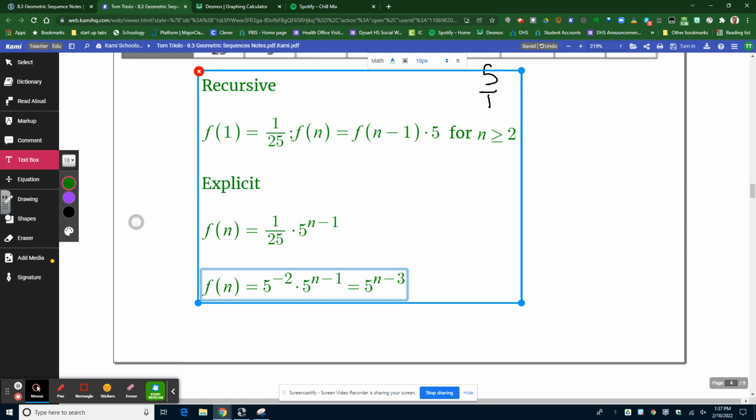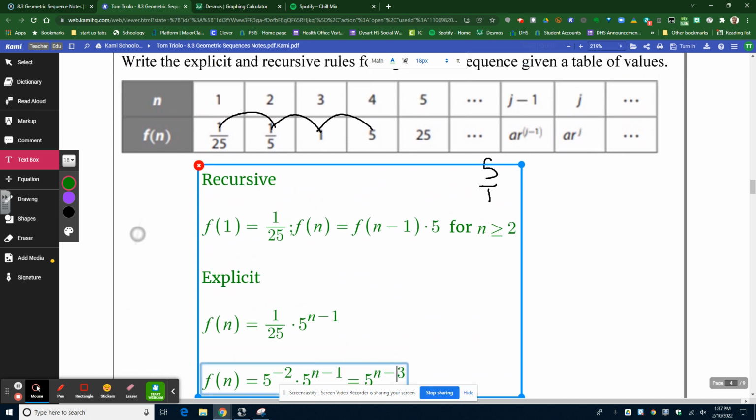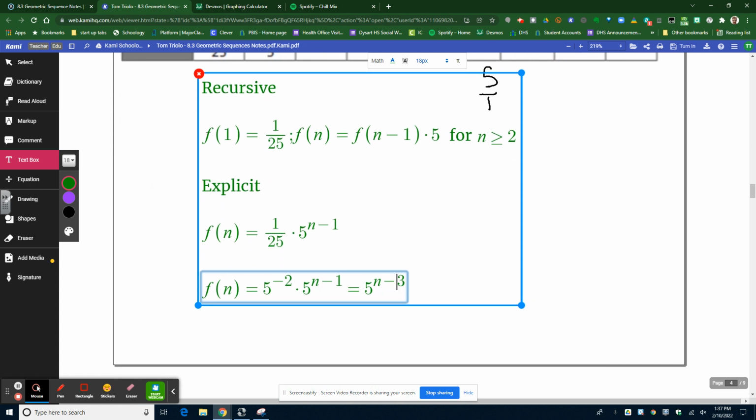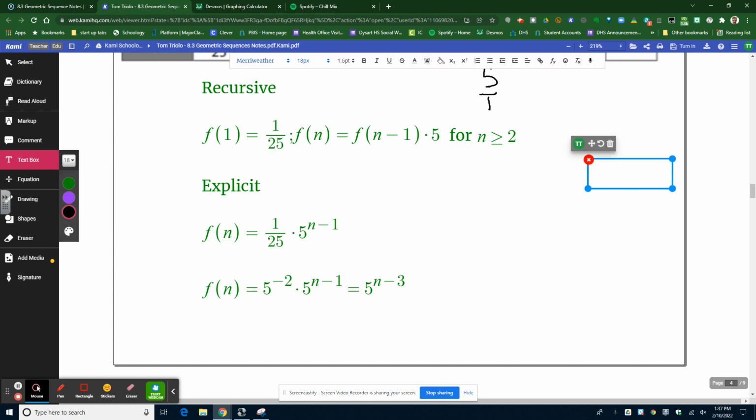And then we should check to make sure this works. We didn't do it in the last one, but let's just check. Okay, so let's put in 5 here. So if we put a 5 in there, I'm just going to make another text box over here. Little bitty check. So check.